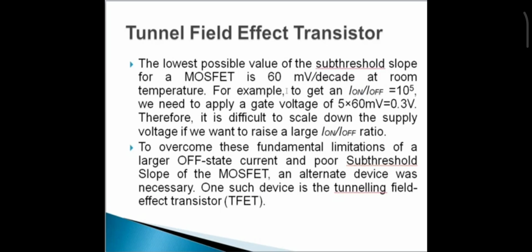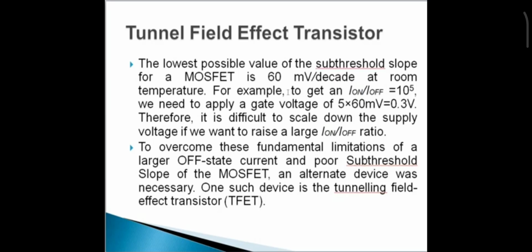For example, to get an Ion/Ioff ratio of 10 raised to power 5, we need to apply a gate voltage of 5 × 60 mV = 0.3 volt. This means for a change of 1 decade in current, we need 60 mV. To produce a 5 decade change in current, we require a minimum of 0.3 volt.